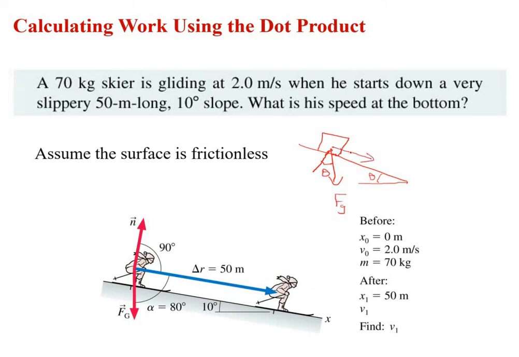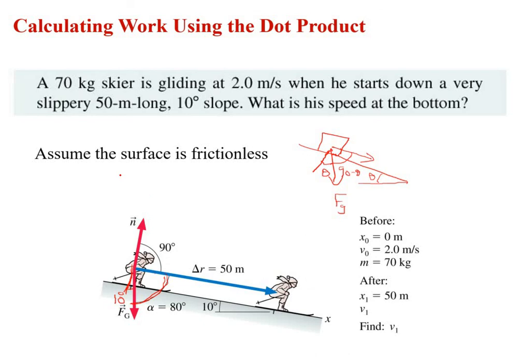So this angle alpha is going to be 90 minus theta. Since theta is 10 degrees, alpha is 90 minus 10, which is 80 degrees.